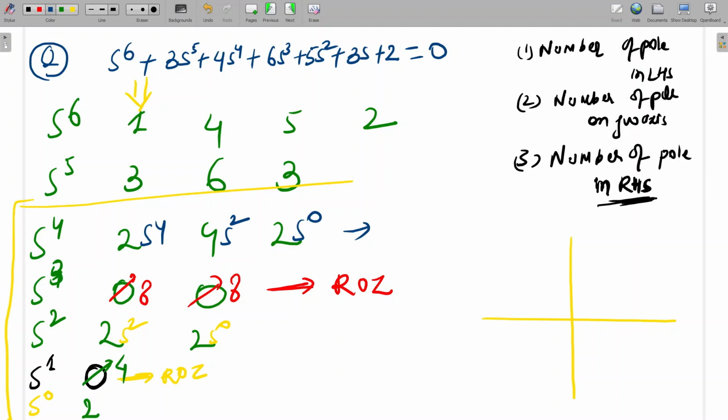So whatever pole will come, it will come on j omega axis. Then only it will be symmetrical. Is it clear? Yes, sir. So four poles will be there which will come on the j omega axis. But here 2 row of 0 we are getting. So all 4 poles will come like this. One, two, one above another. One, two, one above another. Already this line I have told here.